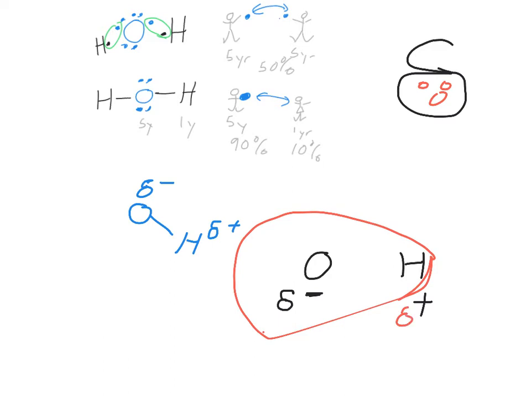So when we have hydrogen and oxygen forming a bond, they're not sharing their electrons equally.